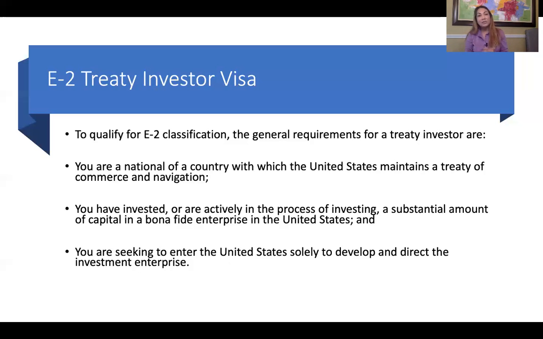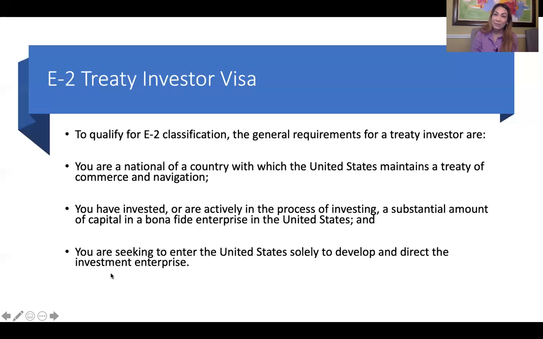What's good with the E-2 visa is that you can apply through consular processing when you're coming from outside, and you can also change your status when you're already in the United States. Say you have a B-1, B-2, an H-1B or a J-1, and you're looking to operate and develop a business, you can change your status from a non-immigrant visa to E-2 investor visa.